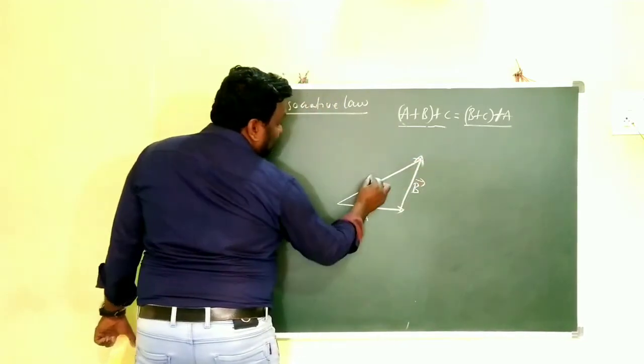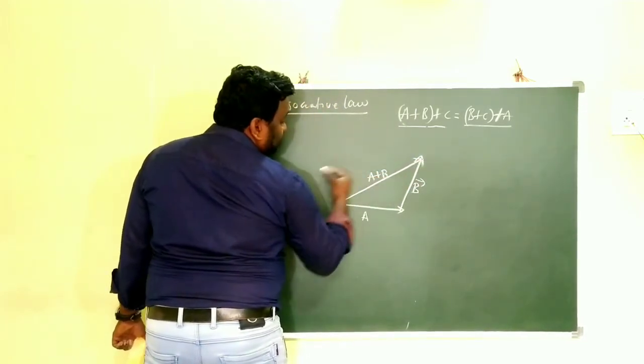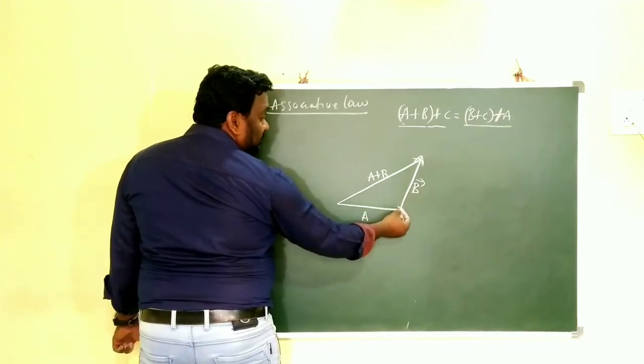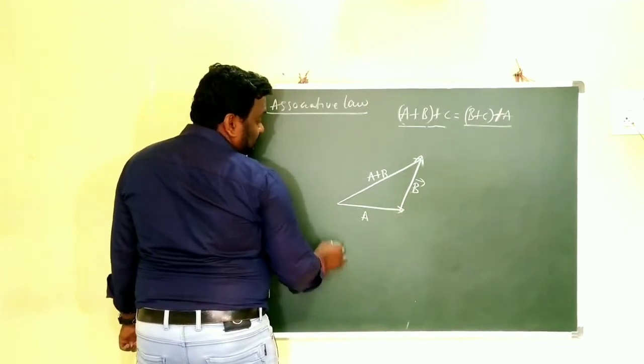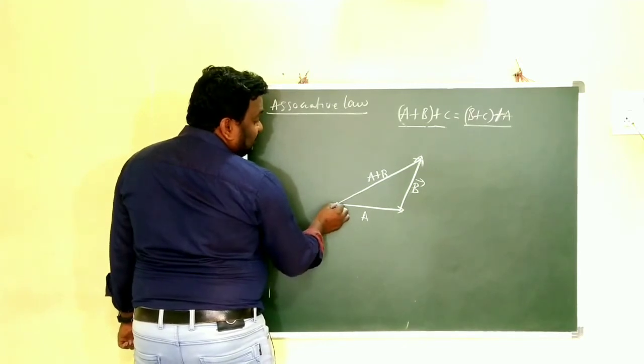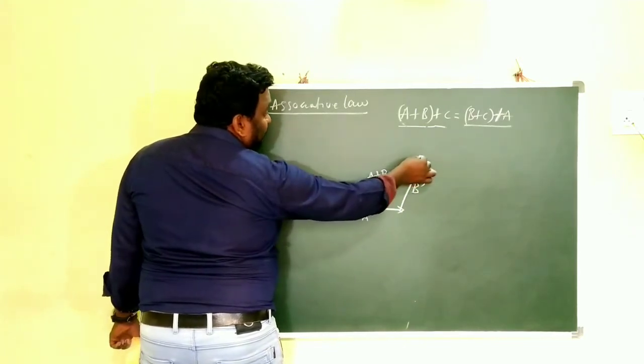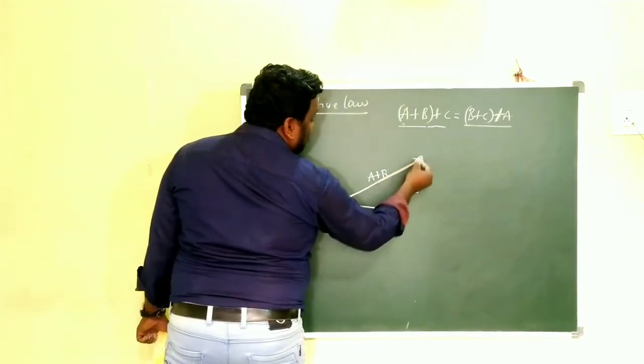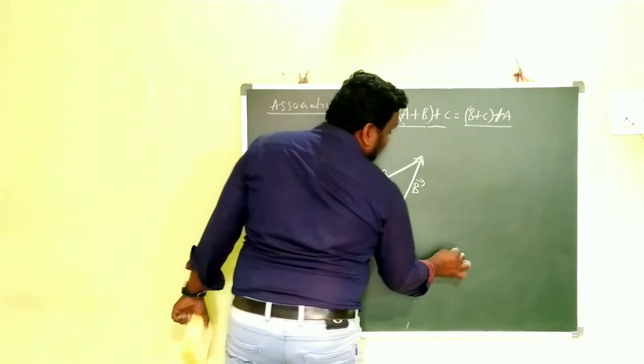Now this is A plus B. Clear, children? Same thing: the initial point of the second vector is given to the final point of the first vector. And again the initial point of the first vector and the final point of the second vector must be joined with another vector, that is A plus B.